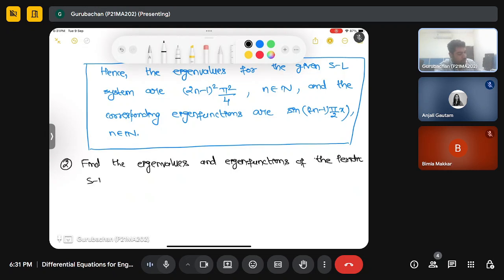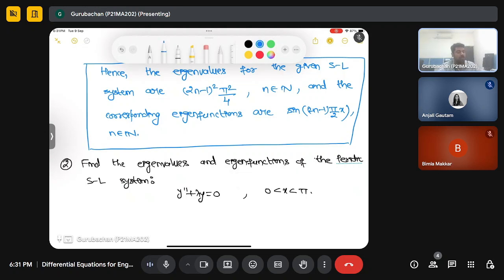Here we are mentioning by ourselves periodic SL system. So what is the system? Y double dash plus lambda y is 0, where x varies from 0 to pi.